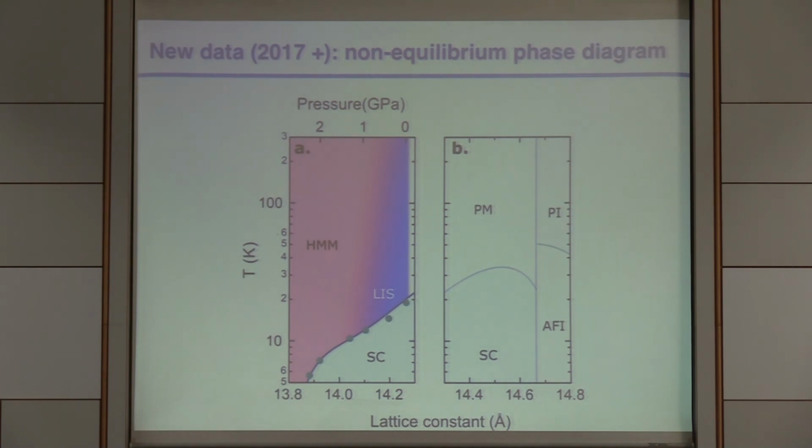Now we're starting to generate some sort of above-TC phase diagram as a function of lattice constant. This part is the one we haven't looked at. This is cesium, this is rubidium. This is light-induced superconductivity, which decreases with pressure, just like the equilibrium does. And this is some sort of high mobility metal, for lack of a better word.